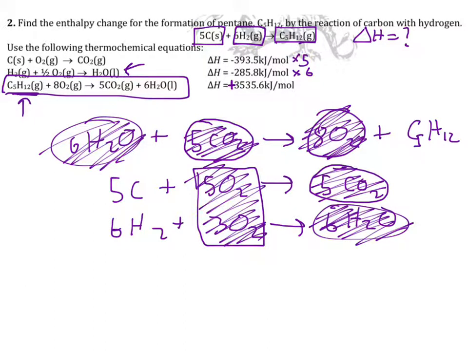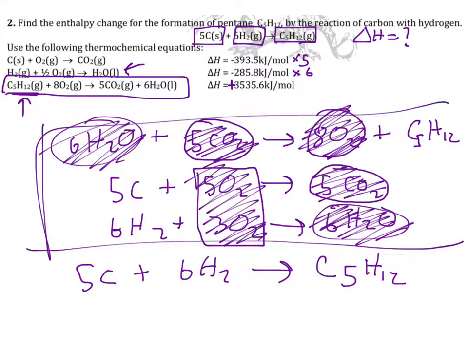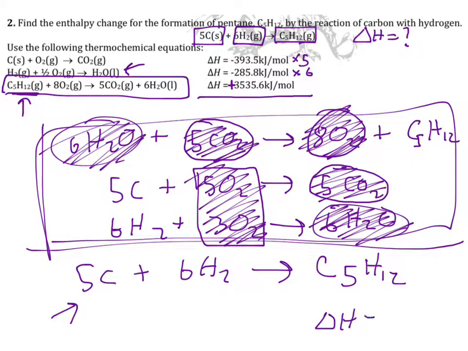And then we're left with this. After we cancel everything out, we're left with 5 carbons plus 6 hydrogen gas, yielding C5H12. Now again, if we are able to add these together to get this equation, the delta H's added together will give us the delta H of this equation.